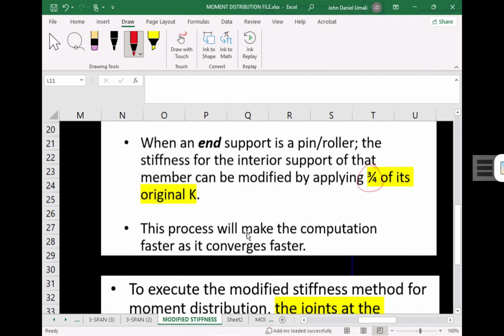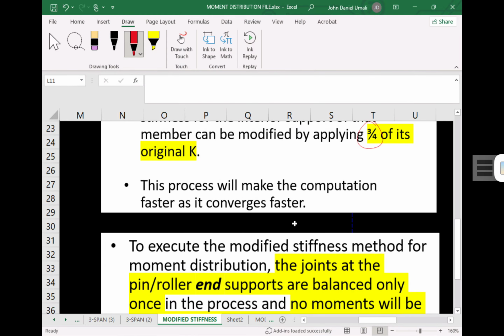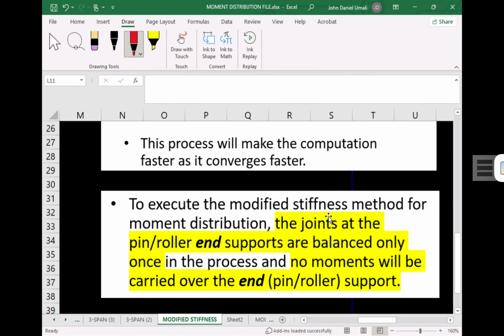original way natin. Okay, so to execute the modified stiffness method, okay, the joints at the pin or roller, after applying the modified stiffness, ito yung susunod na process or ito yung magbabago sa process. The end supports are balanced only once kapag pin and roller. Okay, so when the end support is a pin and a roller, hindi ito applicable kapag fix yung end support mo.